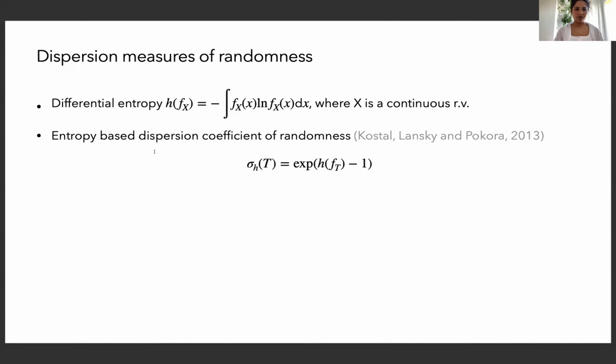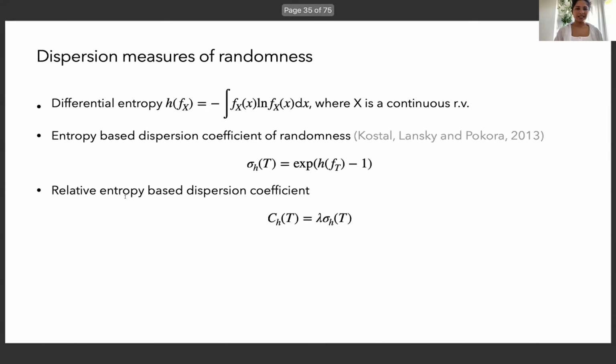To get there, we first consider the entropy-based dispersion coefficient of randomness called sigma h, which was derived in a 2013 paper by Kostal and colleagues, and can also be seen in a 2010 paper by Kostal and Marsalek. Using this, we can derive the relative entropy-based dispersion coefficient, which we termed CH, and it's achieved by dividing sigma h by the mean for ISI distributions.